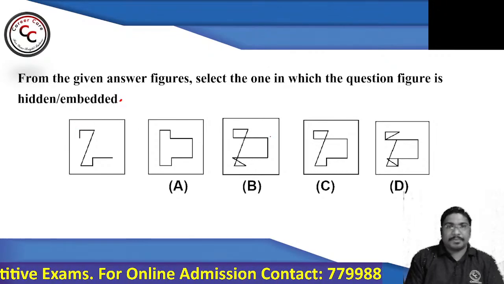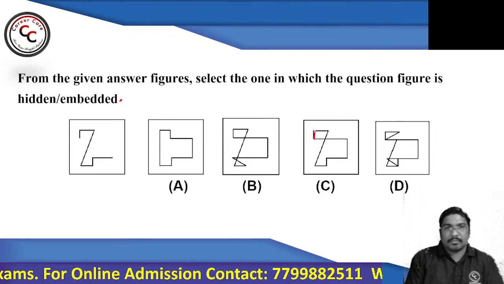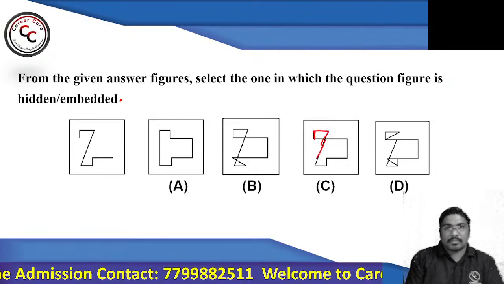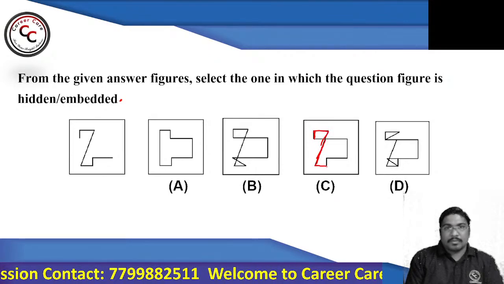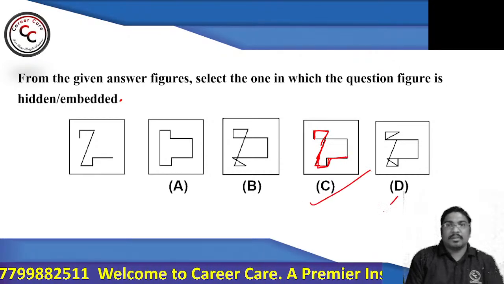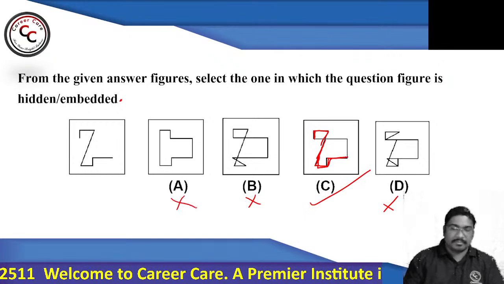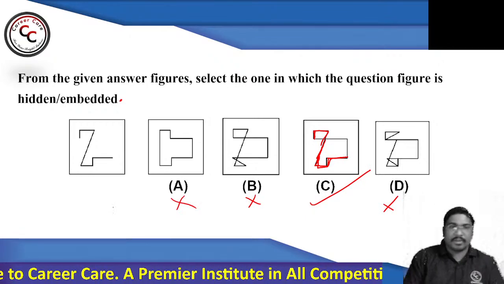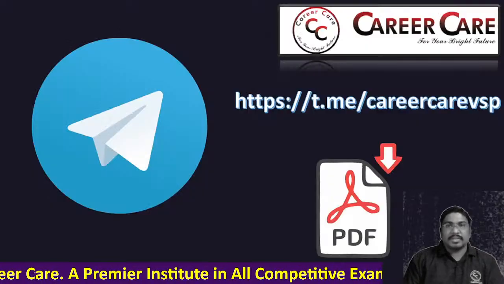So this shape here, you can find this shape in option number, provided you can eliminate the other options. Right? Very good, everyone.